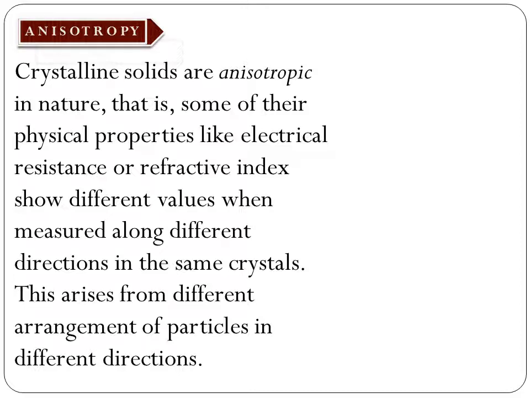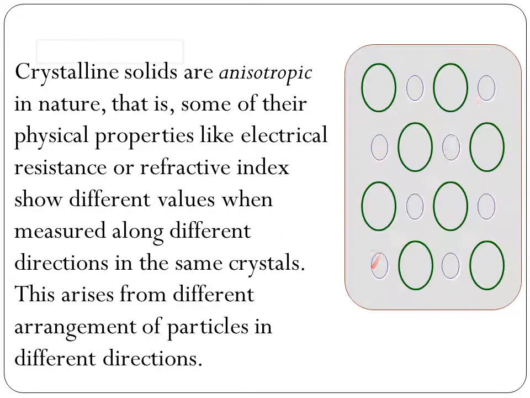Crystalline solids are anisotropic in nature. That is, some of their physical properties like electrical resistance or refractive index show different values when measured along different directions in the same crystal. This arises from different arrangement of particles in different directions.